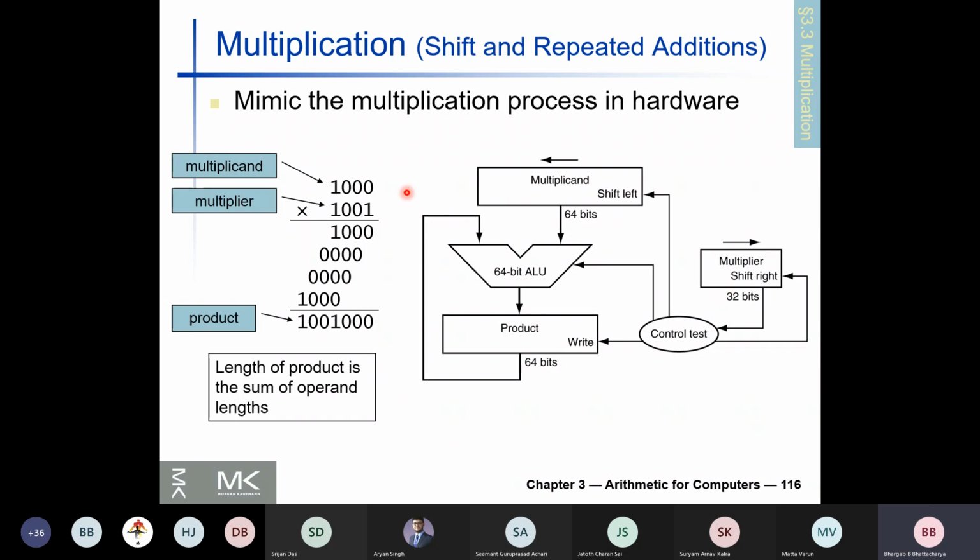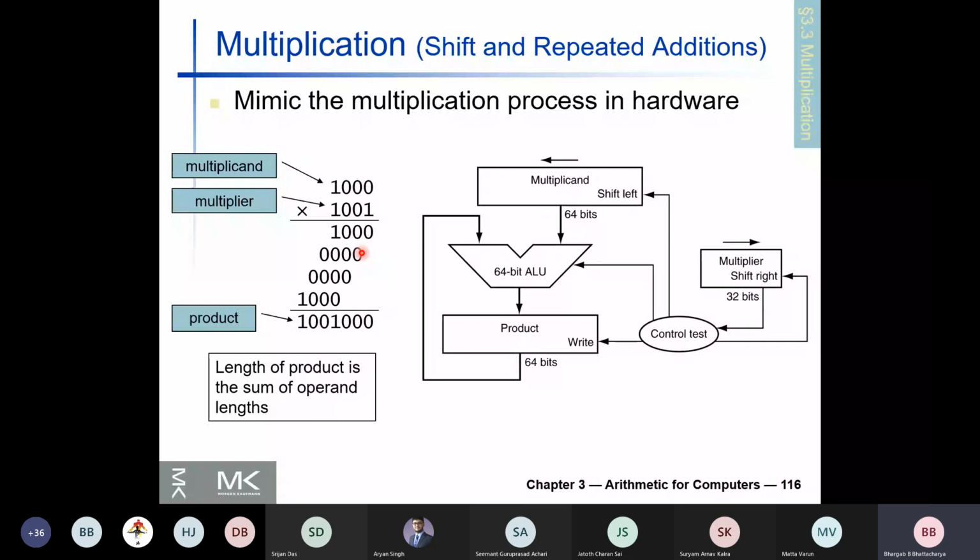If you look into this multiplication process, first of all you check the least significant bit, that means the rightmost bit of the multiplier. We keep the multiplier in this register, and you check the rightmost bit here. Depending on whether this bit is 0 or 1, if this bit is 0, nothing is to be done.